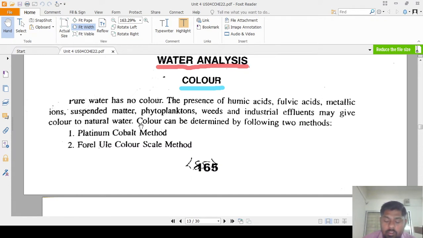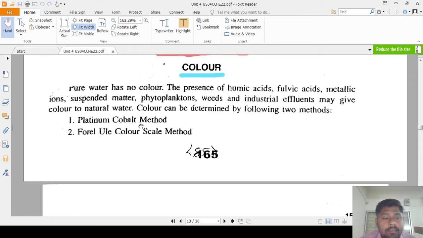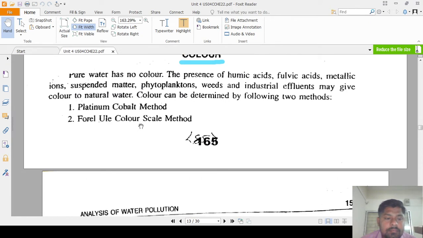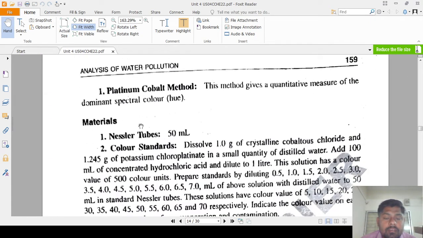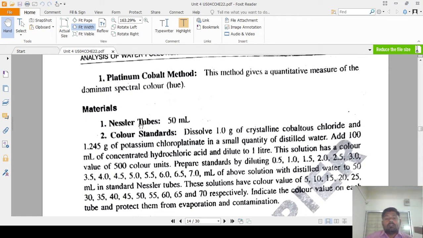If you want to determine the color of the water, 2 methods are there. Number one is called the platinum cobalt method, second is called the Forel color scale method. Here there is no concept; when you did the practical in the laboratory there was a chart and the process was given to you.